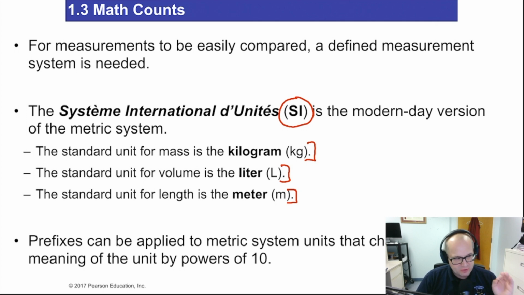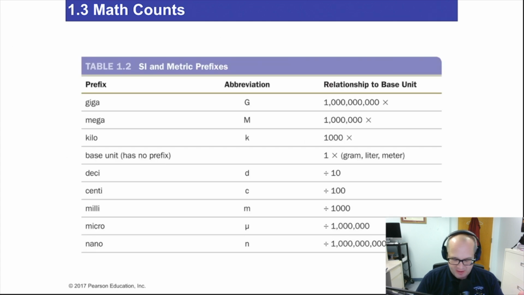Now, the metric system is great because it uses prefixes to define the unit. Now, we know a base unit. For example, if we look at this table, we know there's a base unit for length, which is a meter, volume, which is liter, and mass, which is gram. We know these things exist. If we want to do measurements for, say, long distances, we probably want to use kilometer.